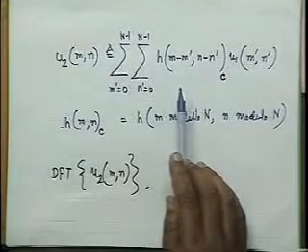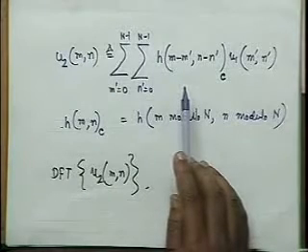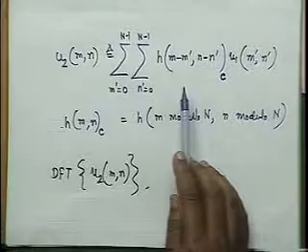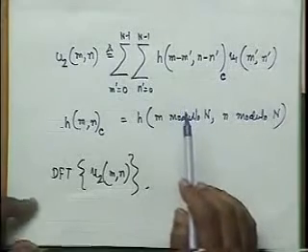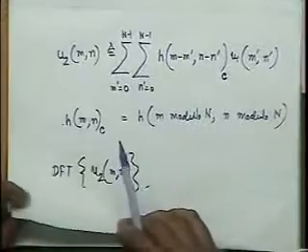We choose some coordinates m prime, n prime. The coordinate system that is chosen is m prime, n prime, and on that we take a specific point m, n.